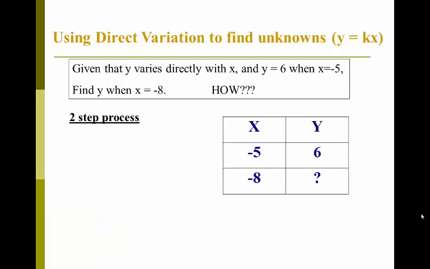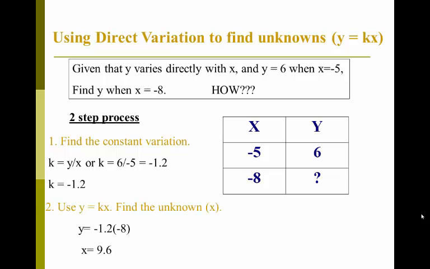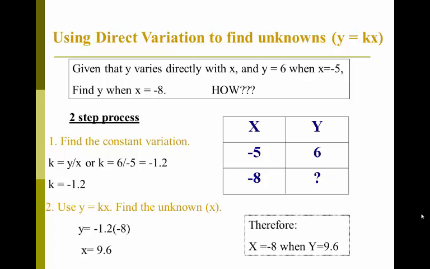Again, let's find that y value. We know it's a direct variation, so we do our y divided by x, which gives us a negative 1.2. Plug in our x value into the equation, and we get that y is equal to 9.6.